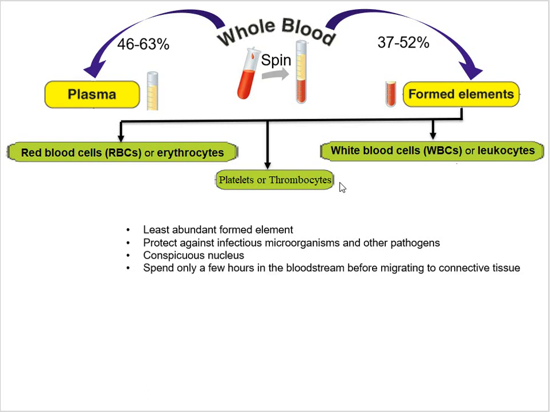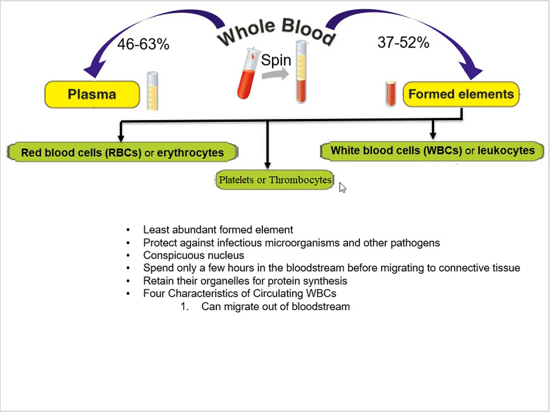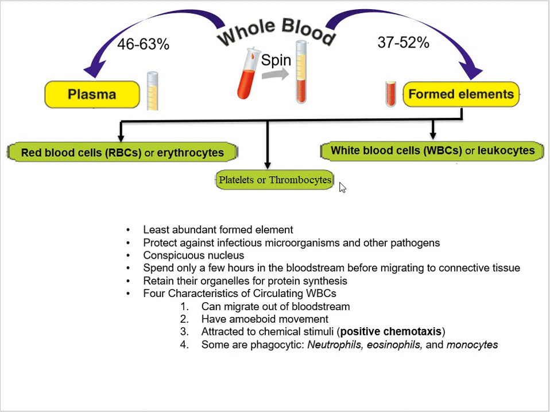They spend only a few hours in the bloodstream before they migrate to the connective tissue. One of their specific characteristics is that they're able to leave the bloodstream and enter the tissue, and they have amoeboid movement, and they're attracted to chemical stimuli.